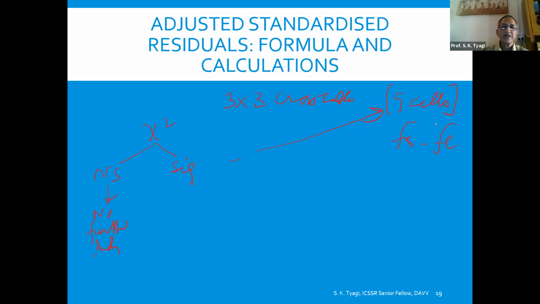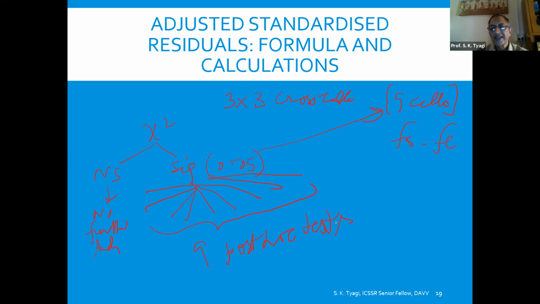So essentially what we have conducted is just one test of significance, that was chi-square test. In this particular case, our alpha error was 0.05 or 5%. But after that, we are conducting 9 tests, 1, 2, 3, 4, 5, 6, 7, 8, 9. So we are conducting 9 post hoc tests, post significance tests.